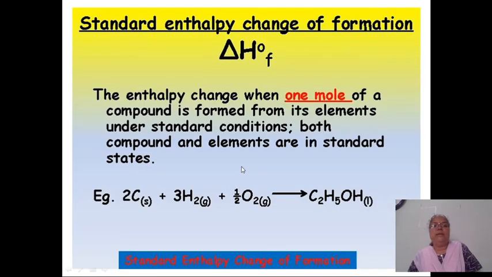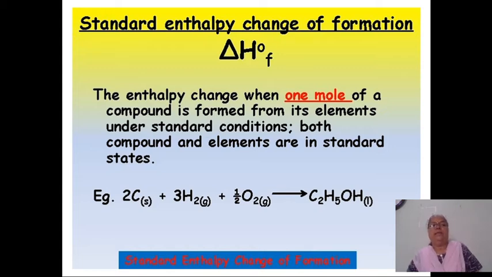The standard enthalpy change of formation is given by the sign delta H0, and this f stands for formation. You know delta H is the change in enthalpy, the enthalpy of product minus enthalpy of reactant.